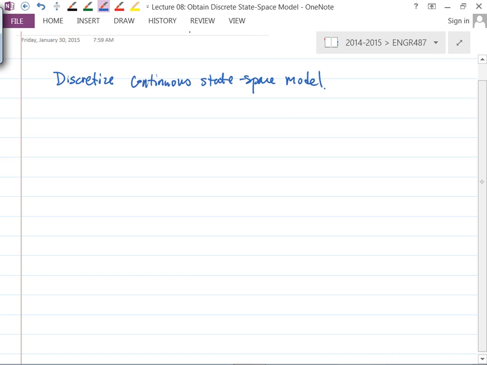So let me write down the continuous state space model in generic terms. It will be the x vector, its continuous derivative, equal to a system matrix times the state variable vector, plus b times u of t.